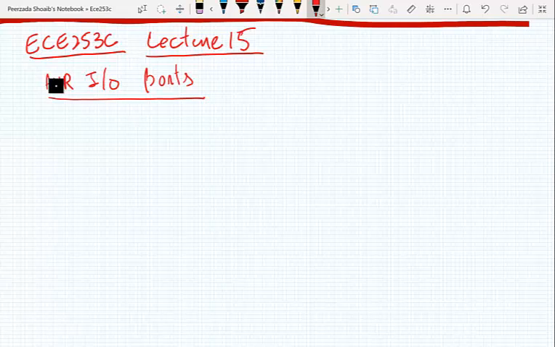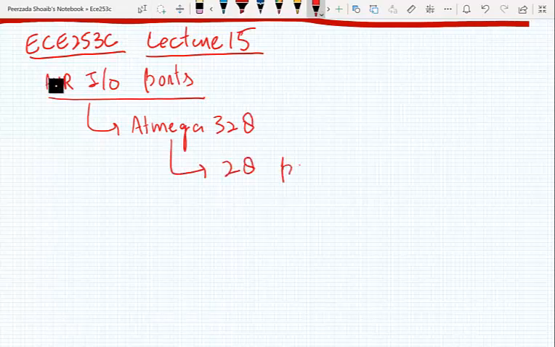In our case, ATmega328, which is a member of the Mega family and which we are discussing in this course, is actually a 28 pin IC. It comes in many packages, maybe in dual inline package.